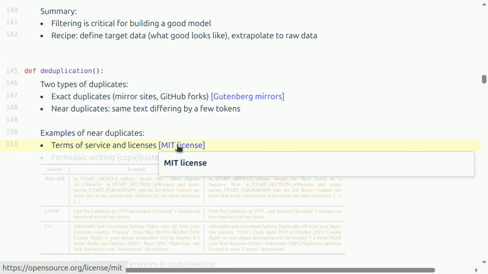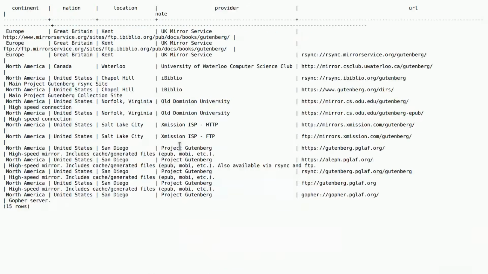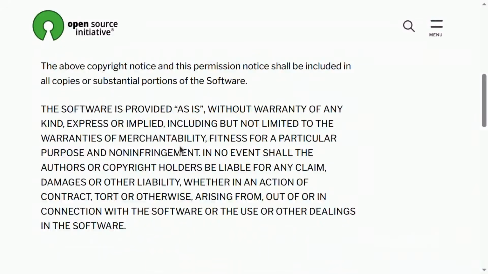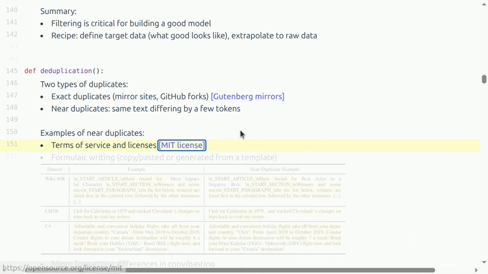The MIT license probably shows up in a lot of places, and in many cases it is an exact copy, unless someone made a typo when they copied it. But the rest of the page that the license might be part of might be different.